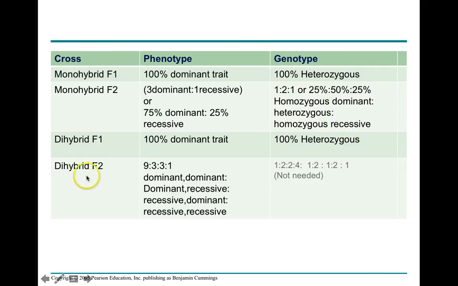For dihybrid grandchildren, phenotypic ratio will be 9 to 3 to 3 to 1. 9 will be dominant looking for both the characters, color and the shape, and 3 will be if color is dominant, shape is recessive. Other 3 will be if color is recessive, shape is dominant, and only 1 out of 16 will be both recessive.